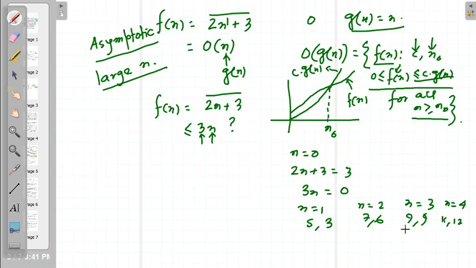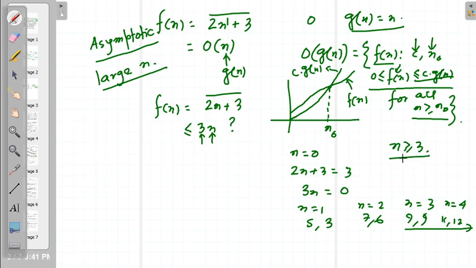So you see, from here onwards, it is either equal or less. This 11 is less than 12. So what we can say is that this condition is getting satisfied for all n greater than or equal to, can you tell me? 3. Okay, that's good.